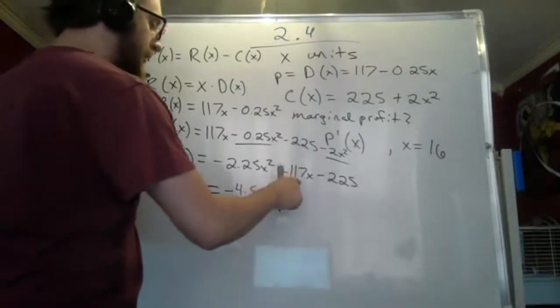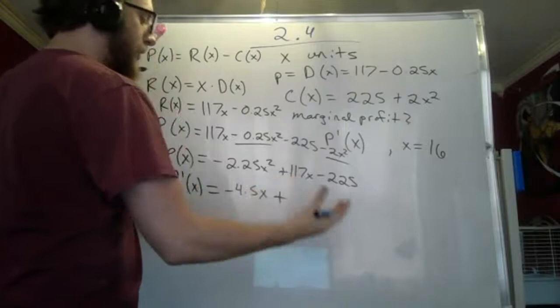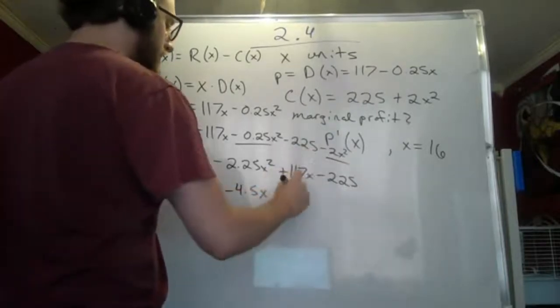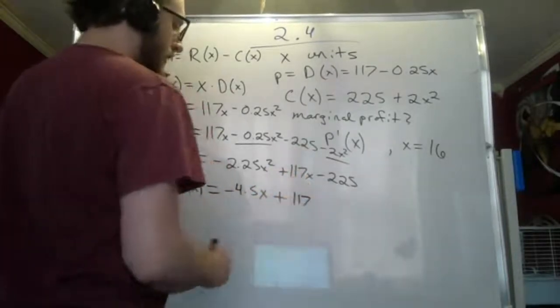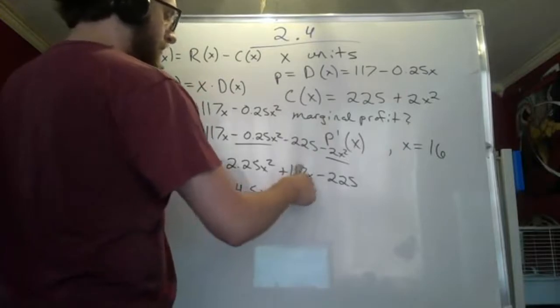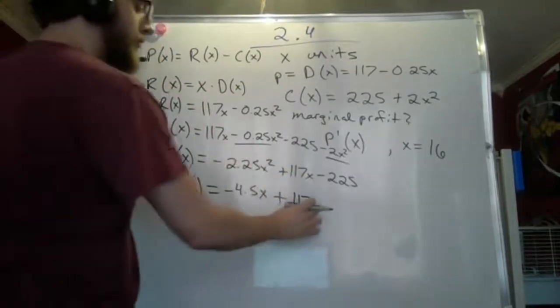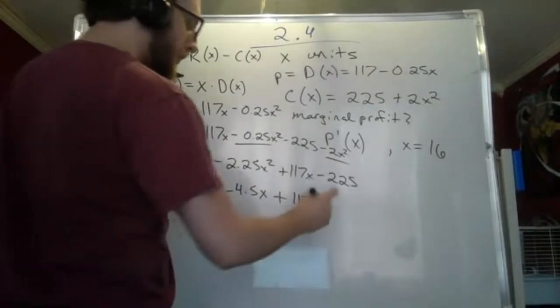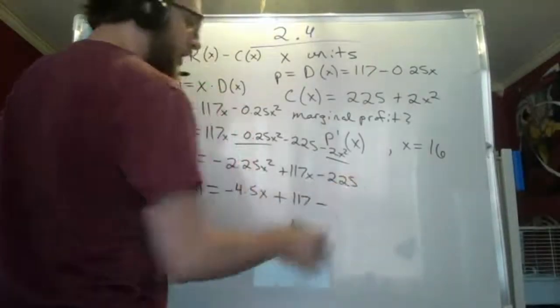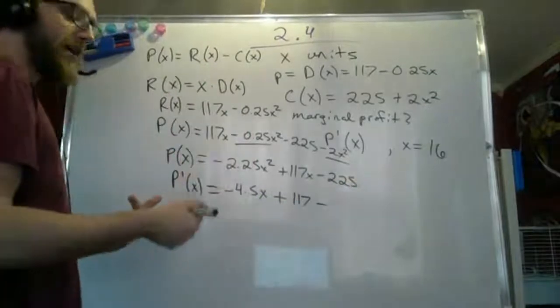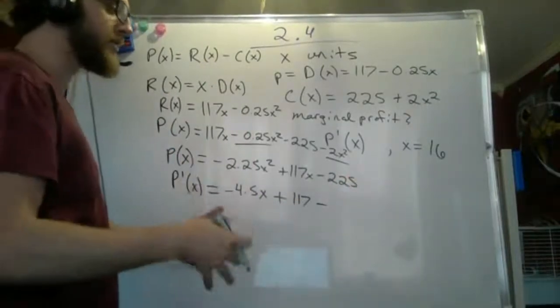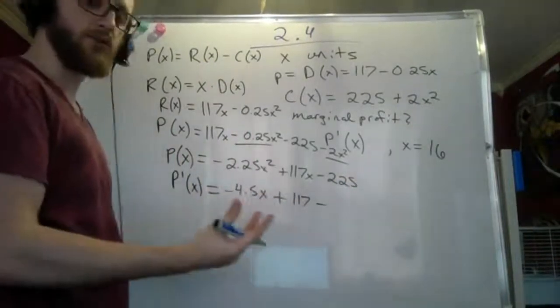Plus derivative of 117x, again we use power rule, the 1 comes down, so we've got 117 times 1. X becomes power 0. X to the 0 is just 1, so we're left with 117. And then lastly, for the derivative of a constant, recall that it is just 0. There's no slope there.